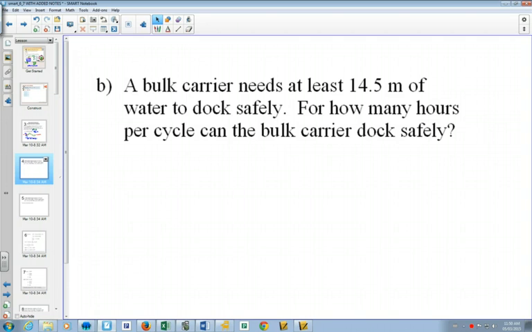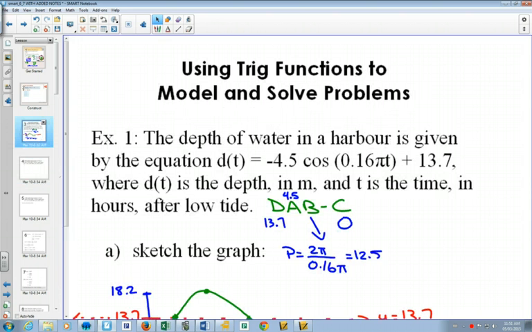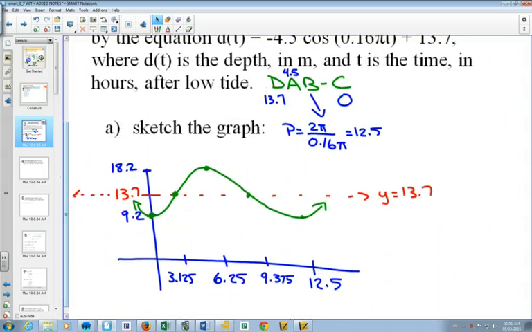In part B, it's saying that a big ship, a bulk carrier, needs 14.5 meters of water to dock safely. So if we go back to here and think of our graph and put 14.5 on there, be a little bit here, somewhere around there, 14.5, draw waves. That's how deep the water needs to be.